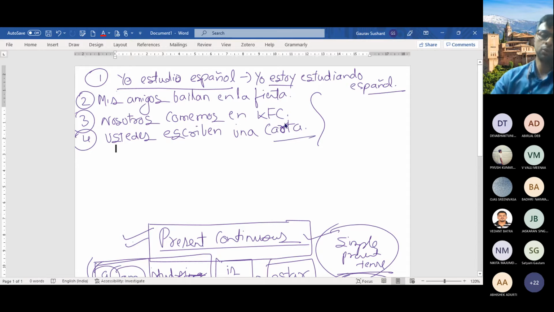You have to change them into present continuous. So 3 questions. I hope 3 minutes will be enough. Do it fast. In the meantime, I will try to find out that thing.